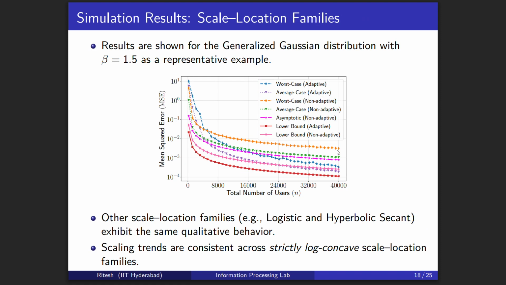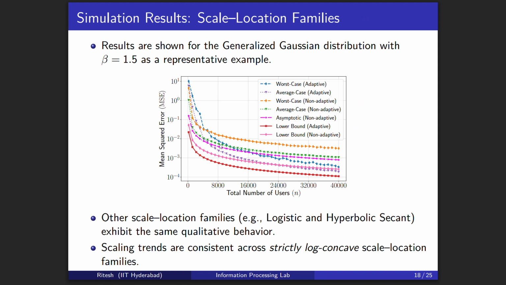So for further validation and simulation results, we have fixed beta equal to 1.5, and we include the generalized Gaussian distribution with beta equal to 1.5 as a representative example.